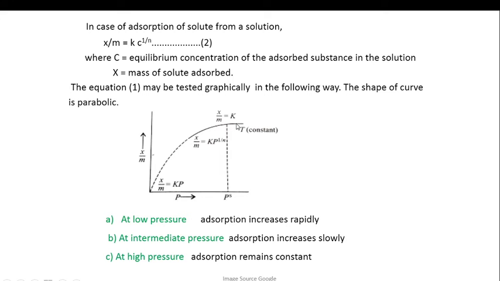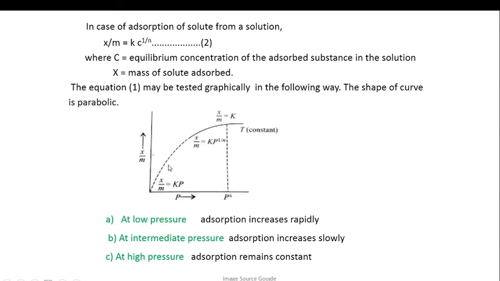Then at higher pressure, x/m is equal to a constant, that is x/m = k. The adsorption remains constant. This curve has three regions: lower pressure, intermediate pressure, and higher pressure.